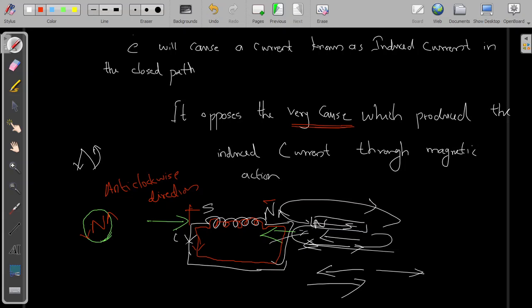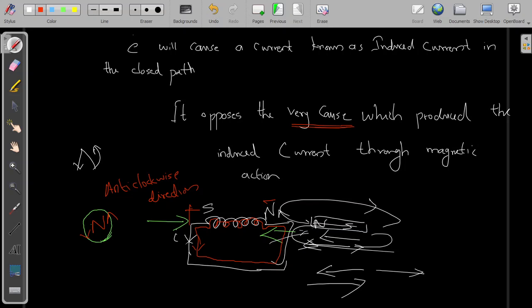That is, the direction or the polarity of the induced EMF is given by Lenz's law, which states that the direction of the induced current is such that it always opposes through its magnetic action the very cause which produced the induced current.